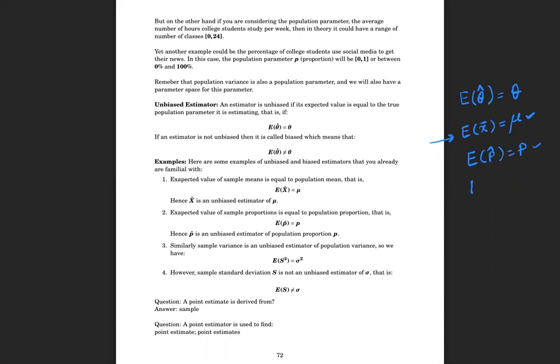Or the expected value of S squared is sigma squared. However, expected value of S is not equal to sigma. So this is not an unbiased estimator.